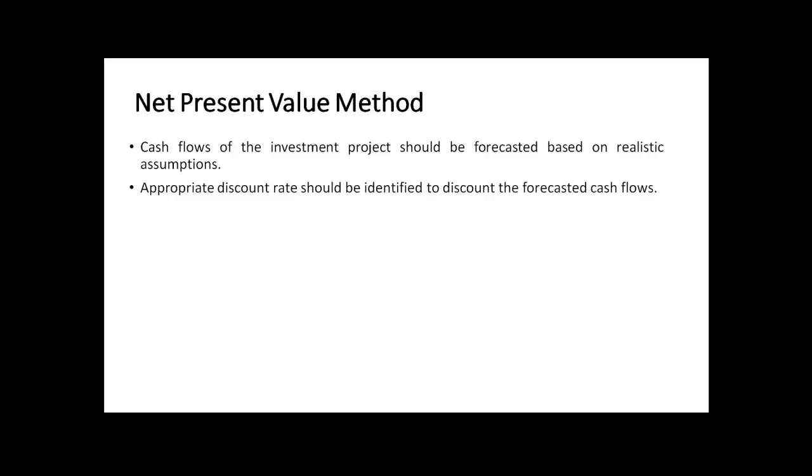Suppose after investing 20,000 rupees, I'm getting 10,000 in the first year, 5,000 in the second year, next 5,000 in the third year, and till the fifth year I'm getting some positive returns on the amount I have invested. Now if I add up all these 5 years of cash inflow and cash outflow, will that give me a proper decision on taking this project?